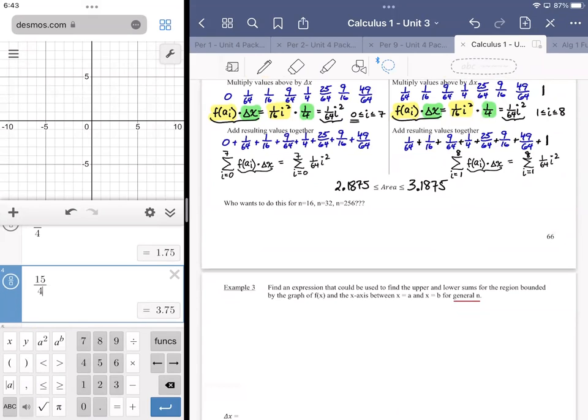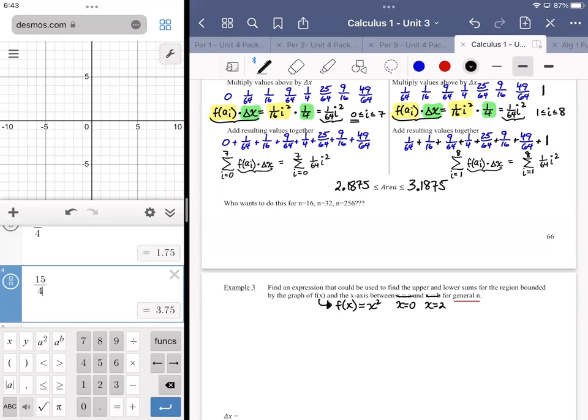By the graph of f of x equals x squared, between x equals 0 and x equals 2, for general n.